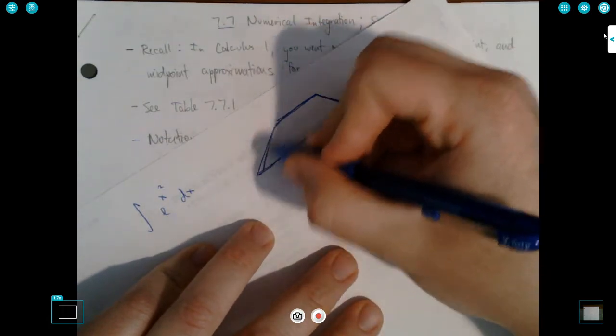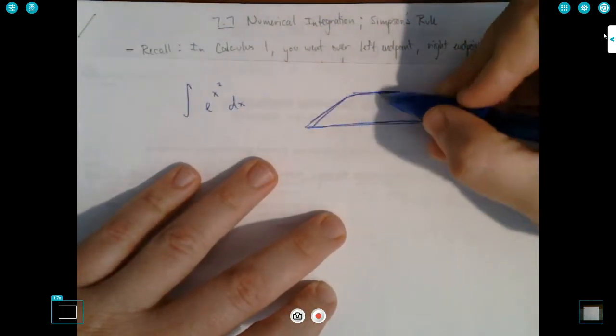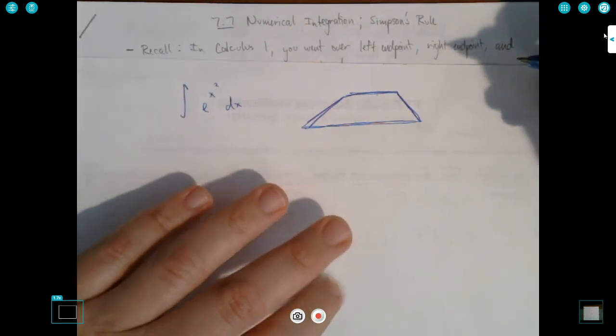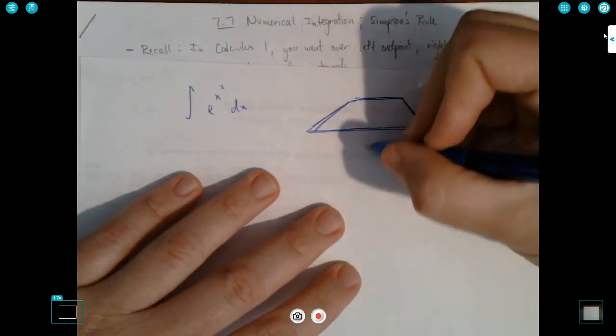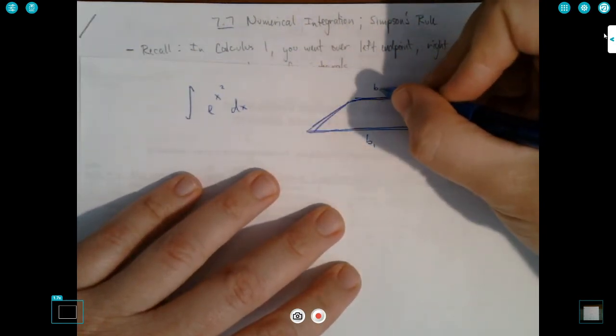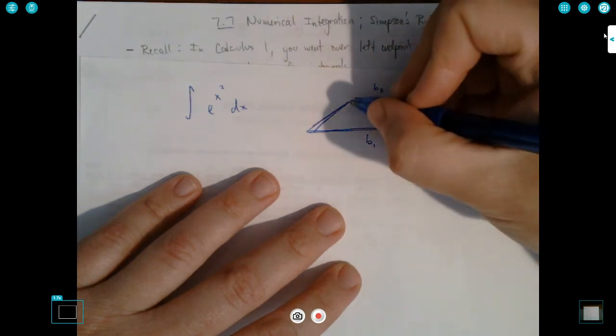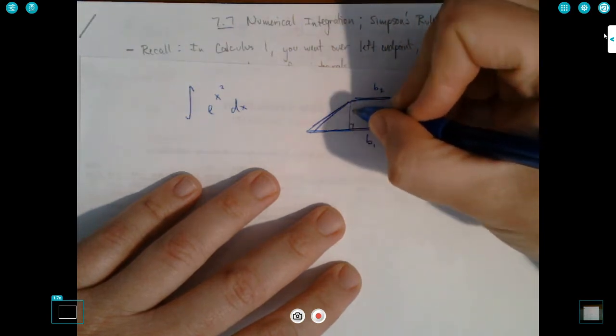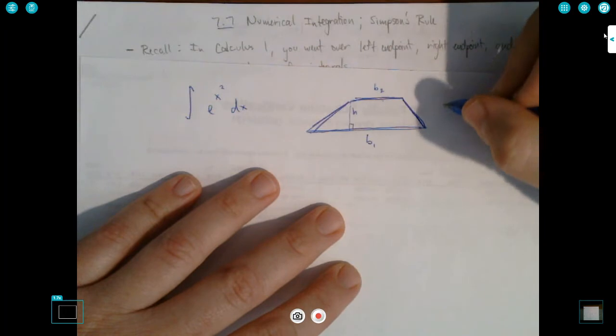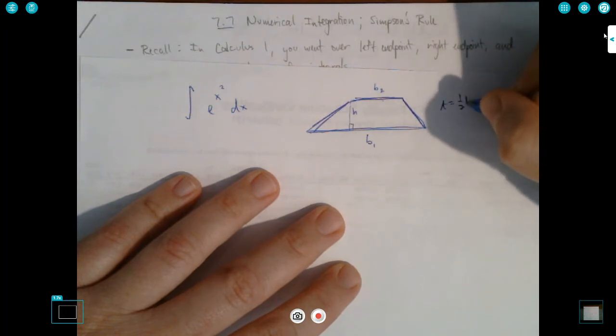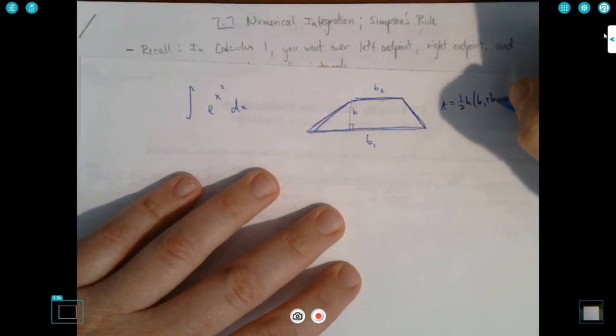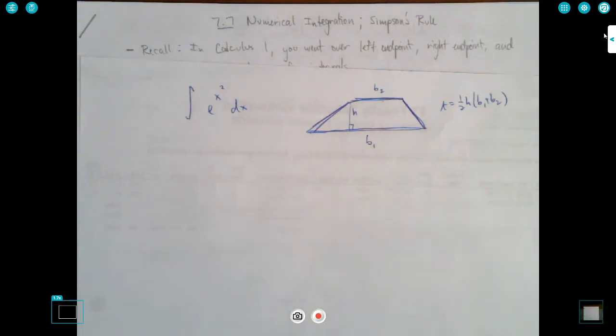Anyway, the idea behind the trapezoid is that you've got two parallel lines, in this case the top and the bottom, and those parallel lines, we call those base 1 and base 2, and then the distance between the parallel lines is the height of the trapezoid, right? And so the area is 1/2 times height times base 1 plus base 2, right? That's the way the area of a trapezoid works.